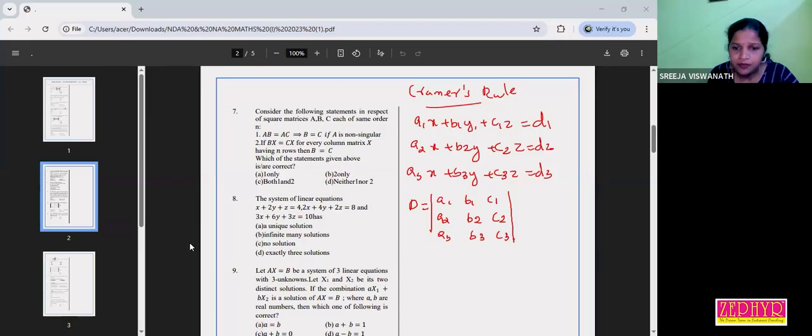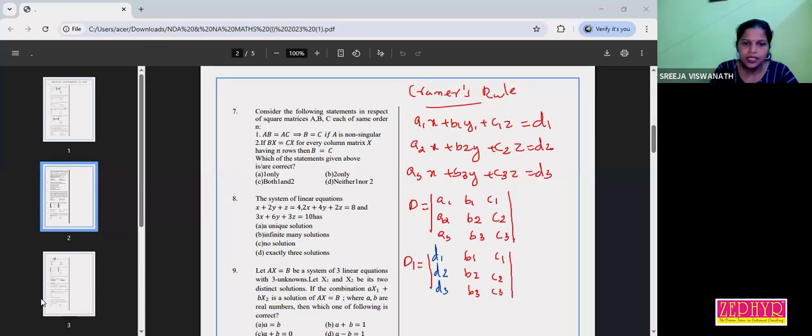Now listen. D1: replace the first column with the constants D1, D2, D3, and the remaining two columns are the same: B1, B2, B3, C1, C2, C3.